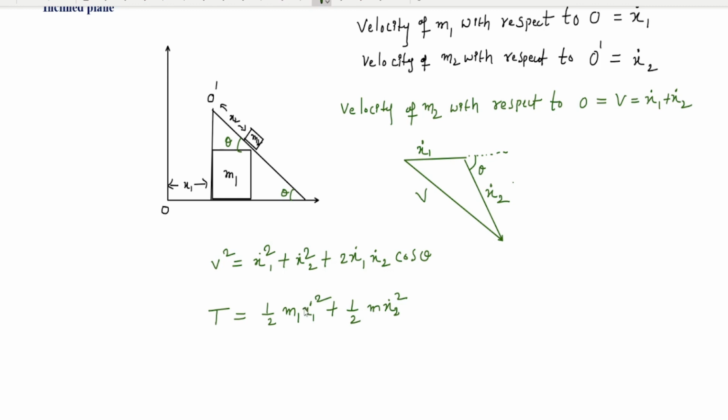So we know this velocity, we don't know the x1 dot square value. It is better to write this one here itself. Velocity of m2 with respect to O is v, so v square is x dot 1 square plus x dot 2 square plus 2 x dot 1 x dot 2 cos theta.